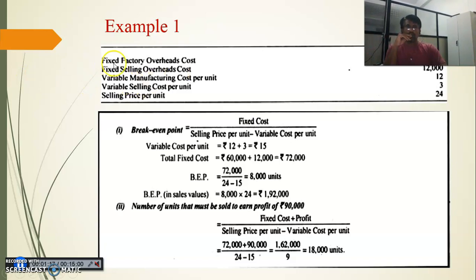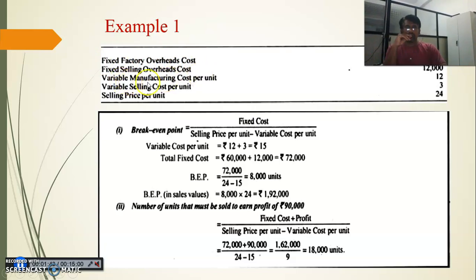So whatever that cost would be, the inclusion of all this cost is the fixed selling overhead cost of 12,000 rupees. So our total cost of production or total cost becomes the fixed factory overhead plus fixed selling overheads in this case.